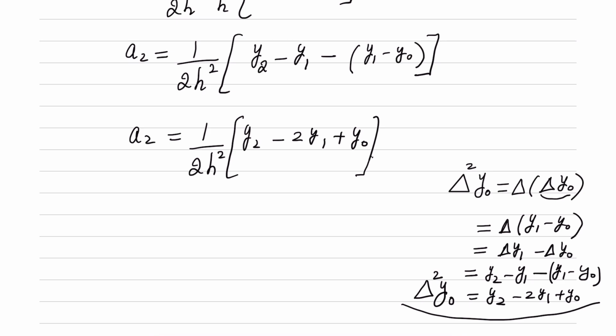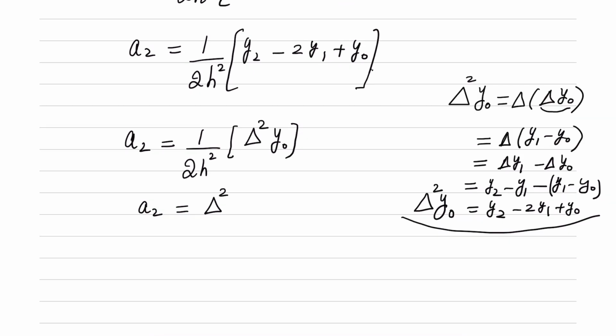Let's put this value of del square y0 here. So we have a2 written in more compact form, which is 1 over 2h square forward square y0. So what we are seeing here is a2 is forward square y0 over 2h square.